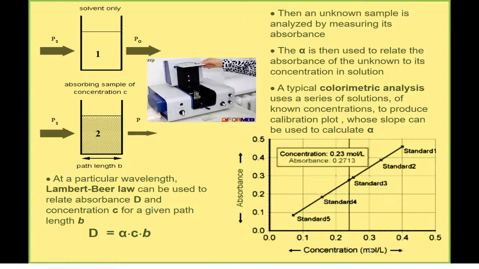After that, when you need to investigate the solution with unknown concentration, you do the simple thing. You take that solution, measure its absorbance at that particular wavelength of maximum absorption, and from the graph you determine the concentration of the unknown solution.